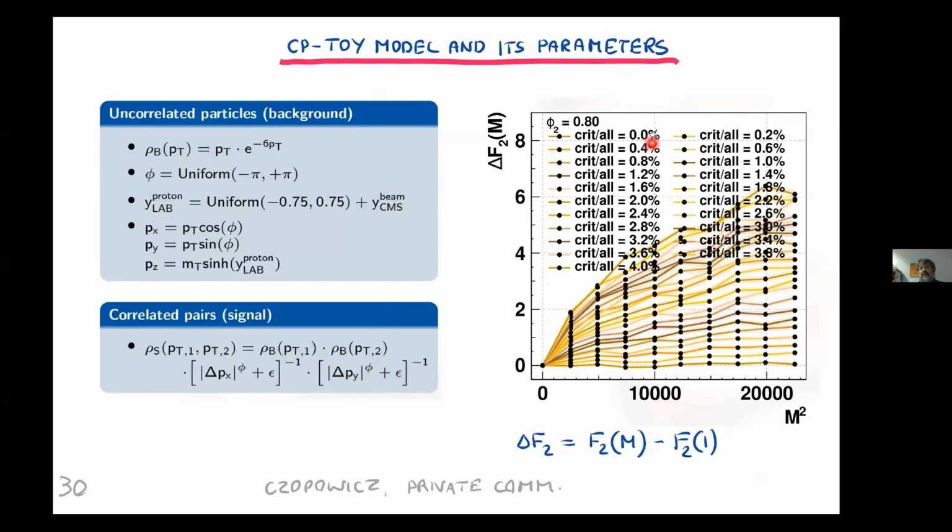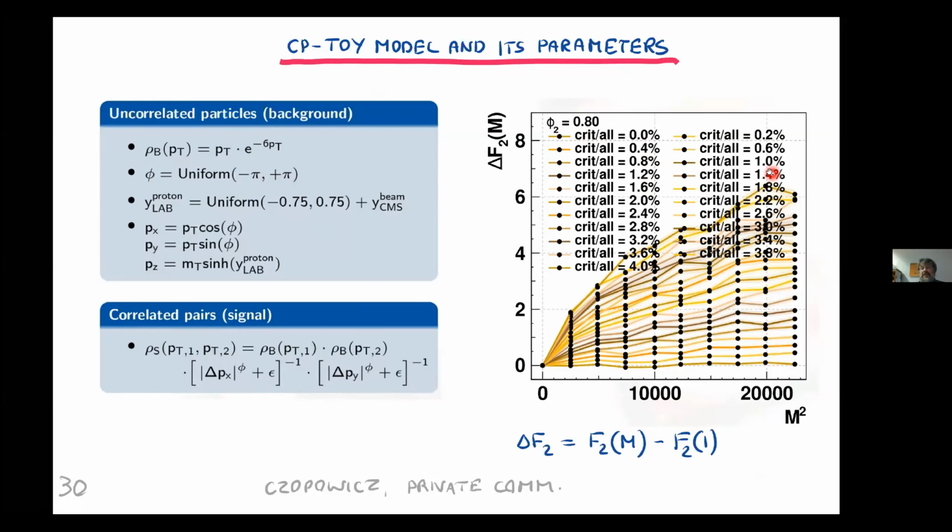And this is the fraction of protons, out of all protons, which are critical. So they are really generated from this power law correlation function. Others are generated from the uncorrelated single particle distribution. So we are scanning in the region of percent or per mil, because it appears that our data are extremely sensitive.